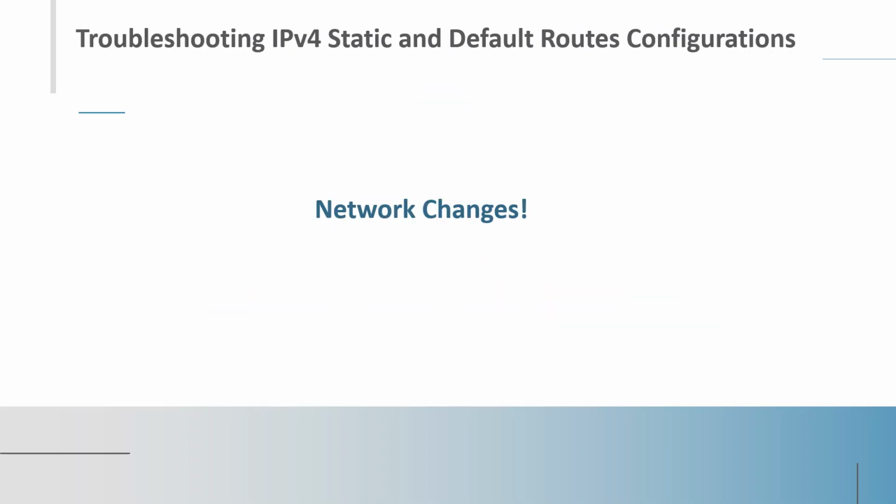Remember this, no matter how well you set up your network, you will have to be ready to troubleshoot some problems. Networks are frequently subject to events that can cause their status to change. For example, an interface can fail, a service provider drops a connection, links can become oversaturated, or an administrator might enter a wrong configuration. And when there is a change in the network, connectivity may be lost.